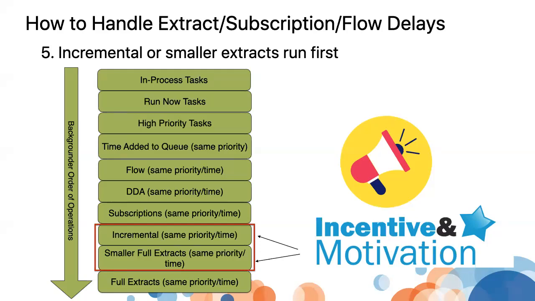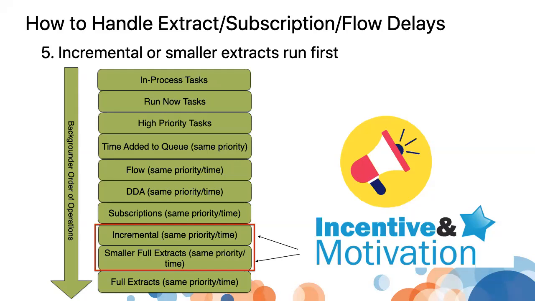Then, for the same priority, it goes by time added to the queue. If same priority and same time added to the queue, like 8 a.m. in the morning, for example, then flows go first, then data-driven alerts go second, then subscriptions. After all of that, incremental goes, smaller extracts go, and finally the full extracts go.